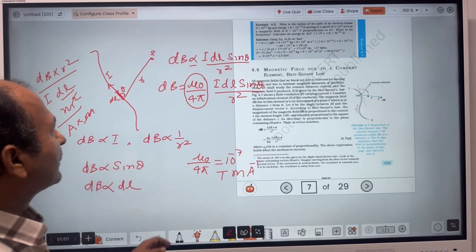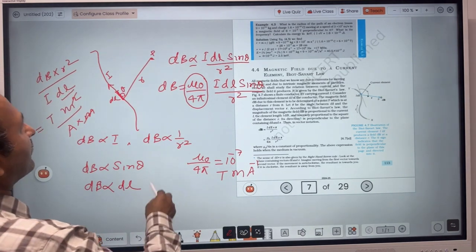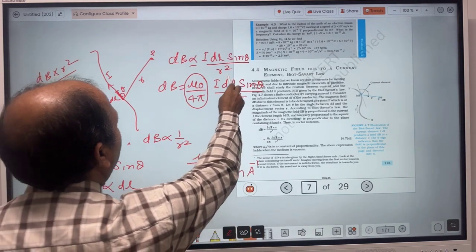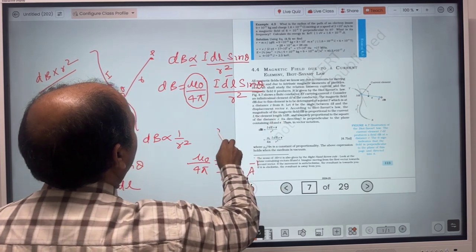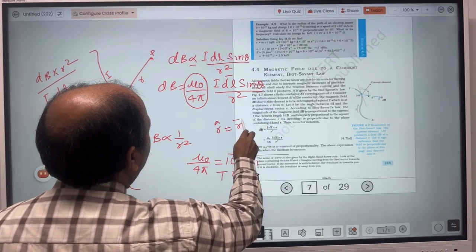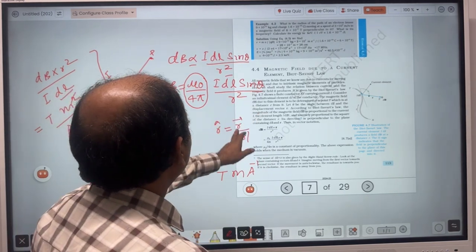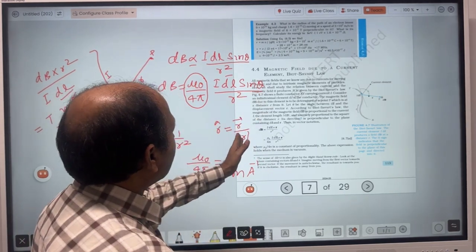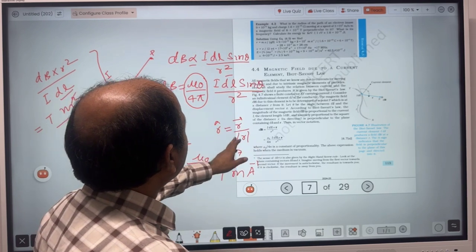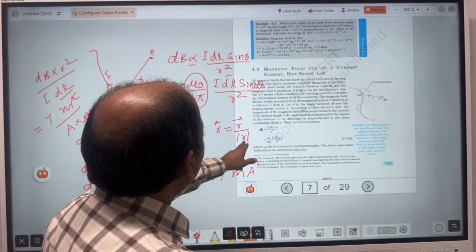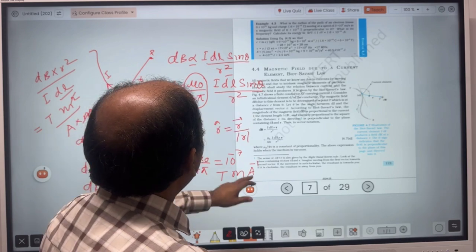If we write this relation in vector form, then we can take dl as a vector and we can introduce the unit vector r cap, which will be vector r divided by modulus r. So if we introduce this r cap, then vector r will be in the numerator, and in that case this r will get multiplied to this and this will become r cube.